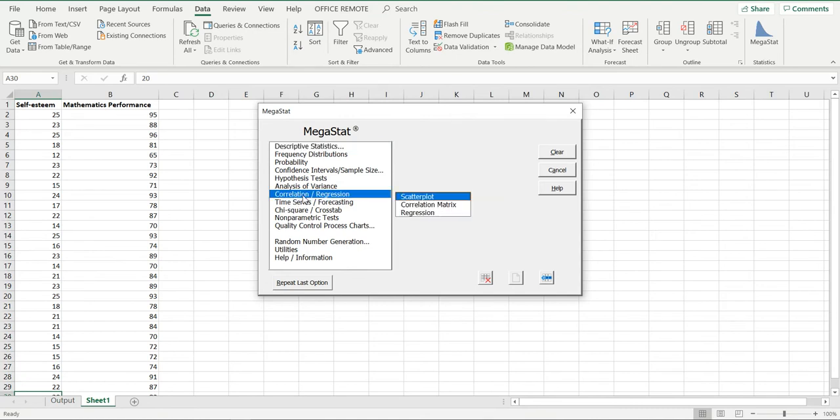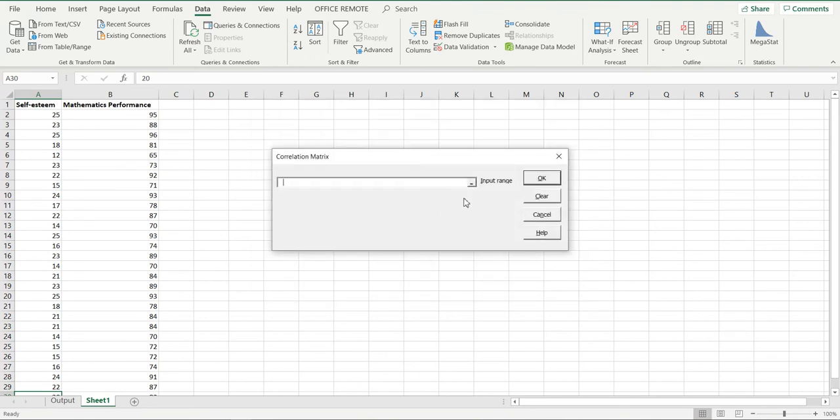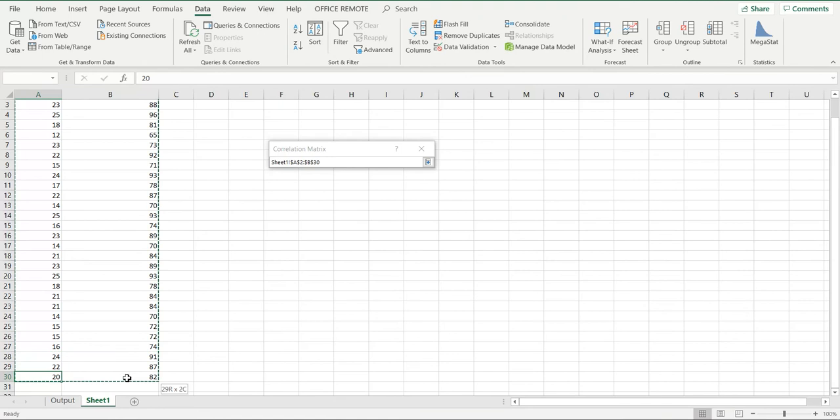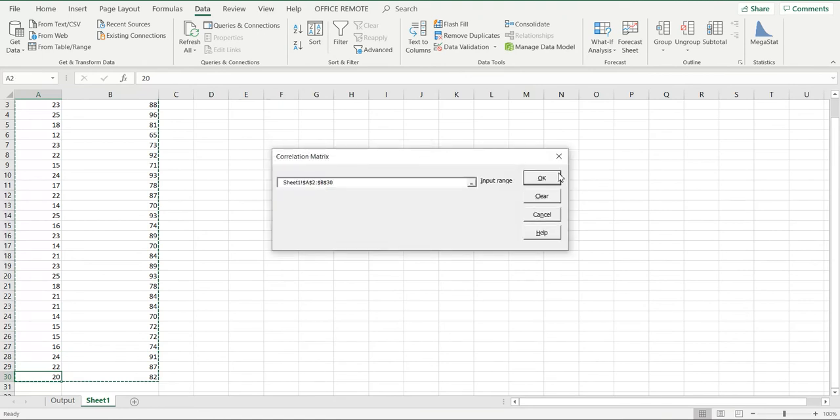Click correlation regression, and then we are going to click the correlation matrix. Now we have to input the range. We're going to highlight the data in self-esteem and mathematics performance. Okay, and then click OK.